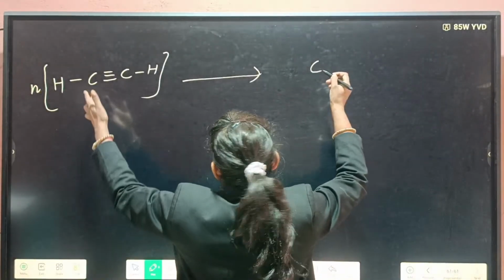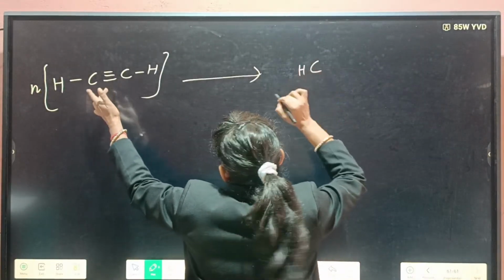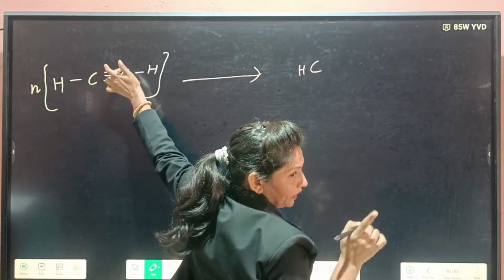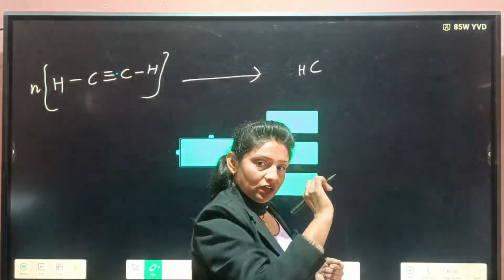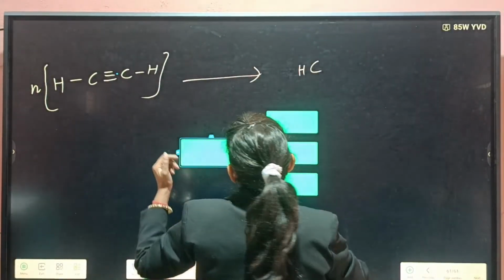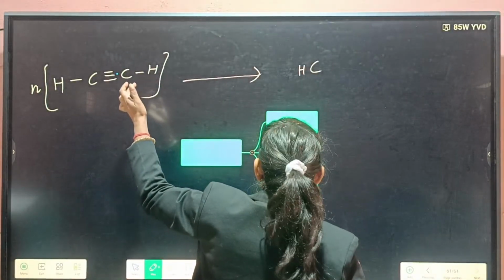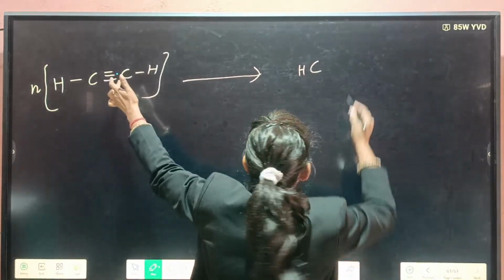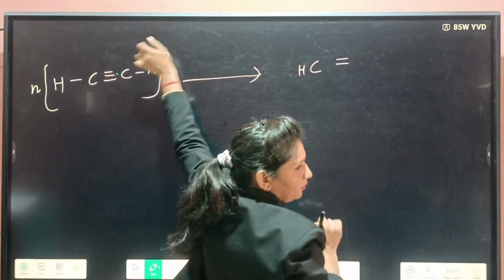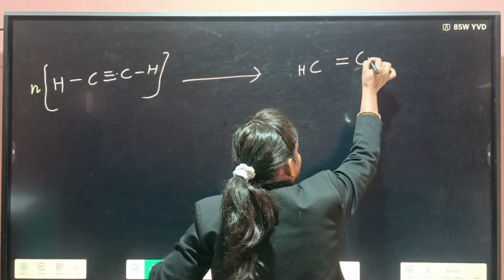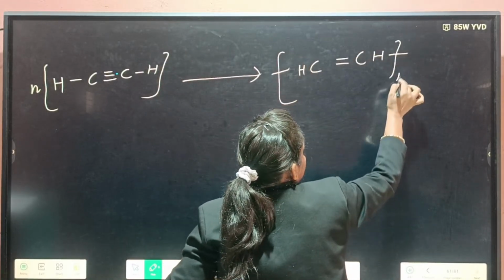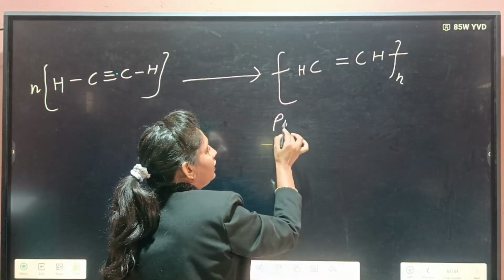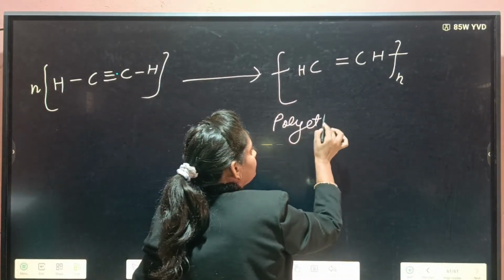So what were you doing? Here you break this bond, there was a double, so you make it single. Here it is triple, then you make it double, CH. Polyethylene.